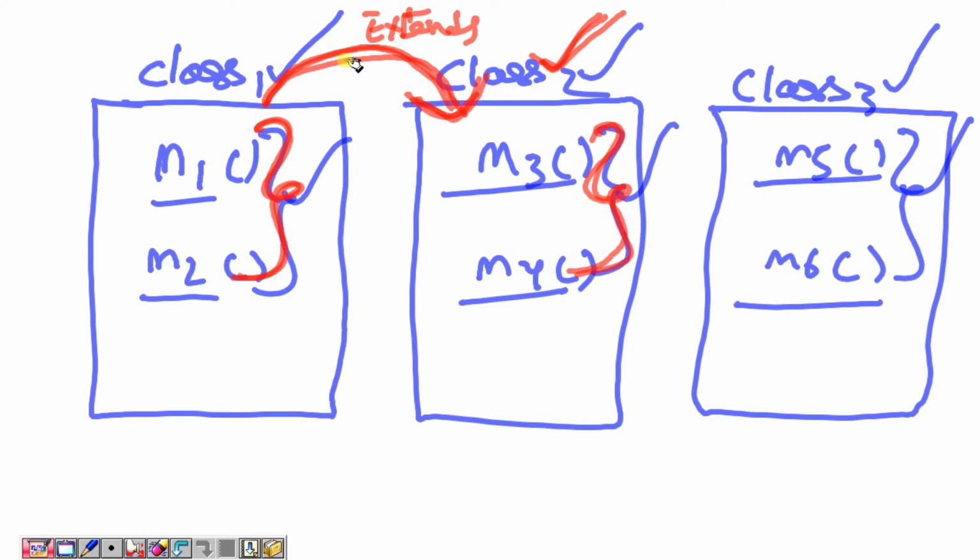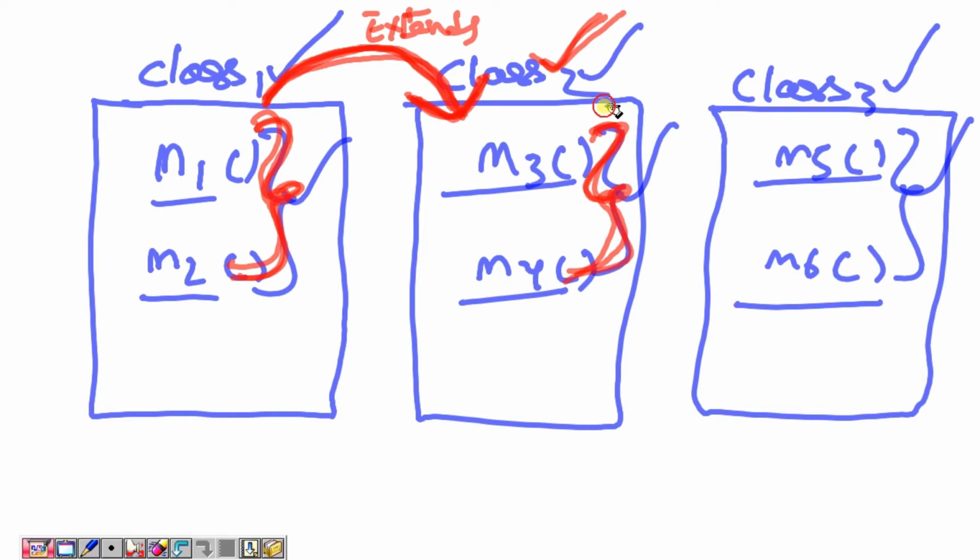This is what we call inheritance: the parent class extends to the child class, and with the help of the child class reference you can access parent class information and child class information.